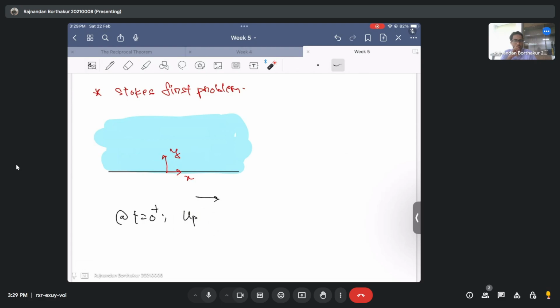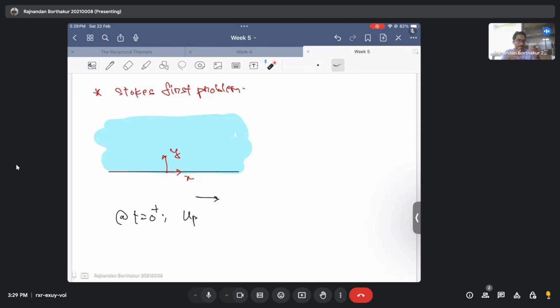Now if you remember, in this problem, you used something known as a similarity solution approach, where you choose the similarity variable eta, which was of the form y by some square root of x, sorry, it was y by square root of t.